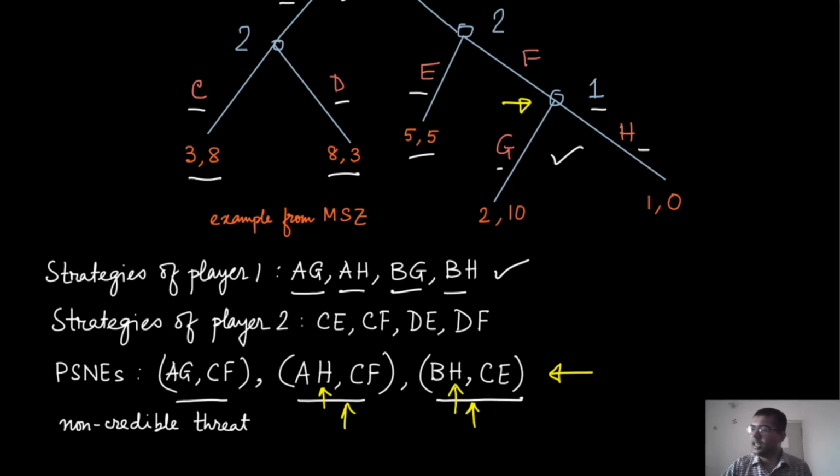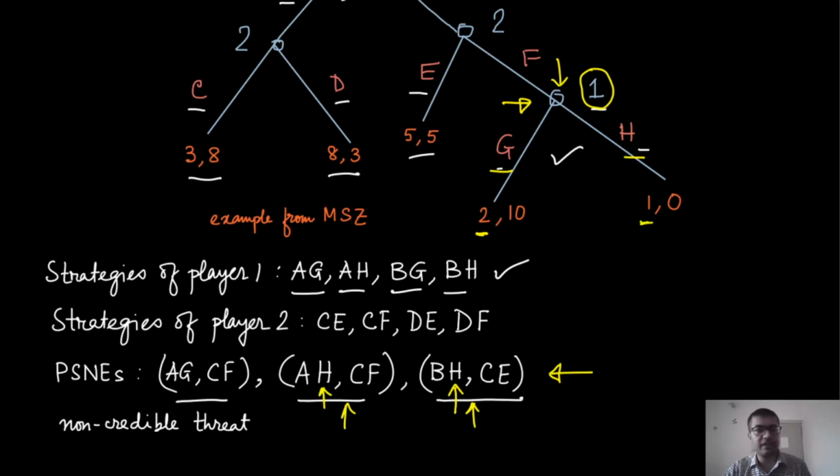Now, in this context, if you just imagine player 1 and assuming that player 1 is a rational player, if the game ever reaches this history here, will the player ever play H over G? Because player 1 gets utility 2 if he plays G, and utility 1 otherwise.